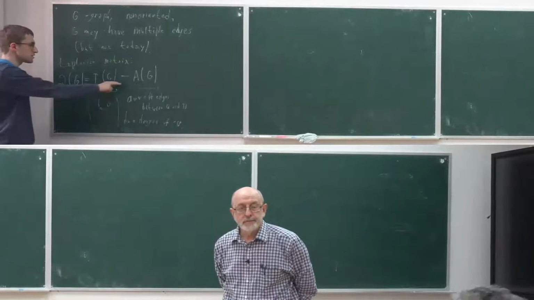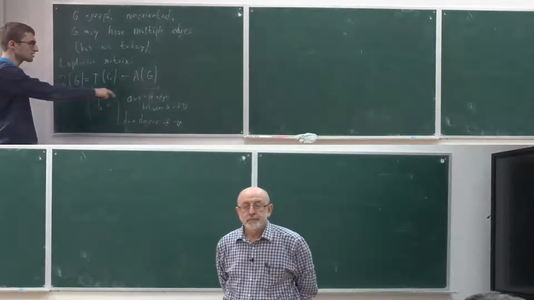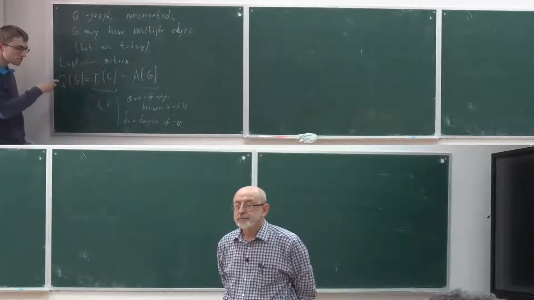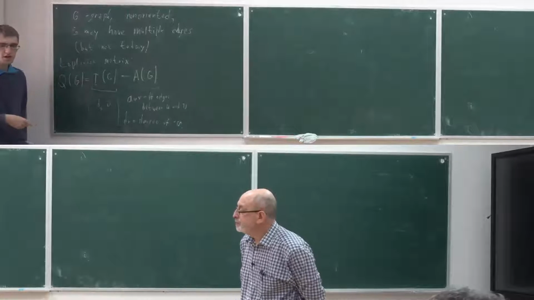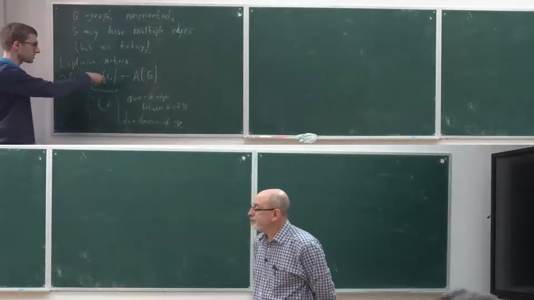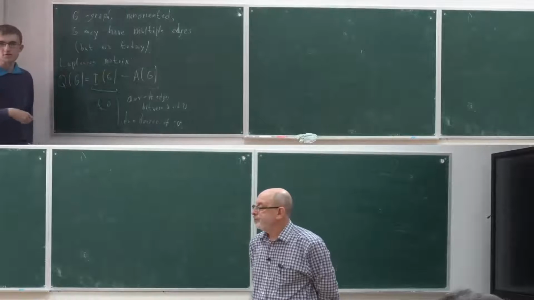The difference of these two matrices is also a symmetric matrix, and its rows and columns sum up to 0.